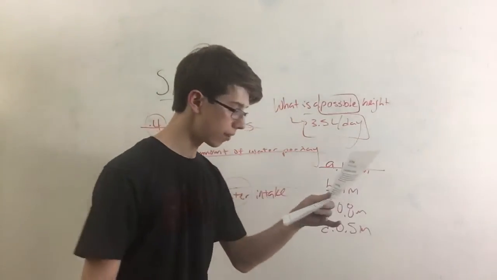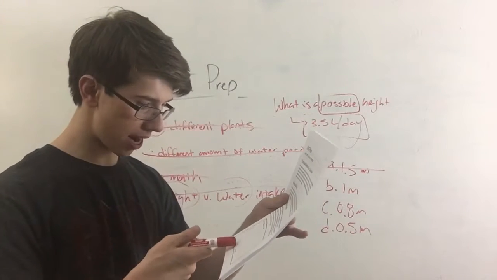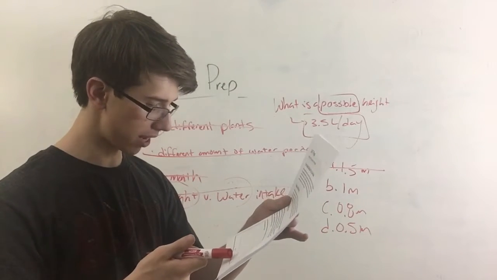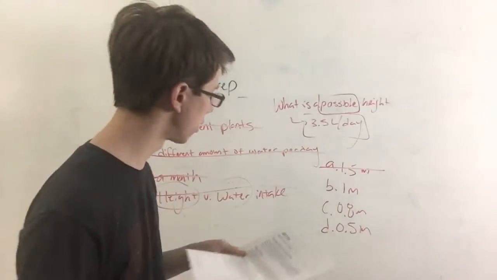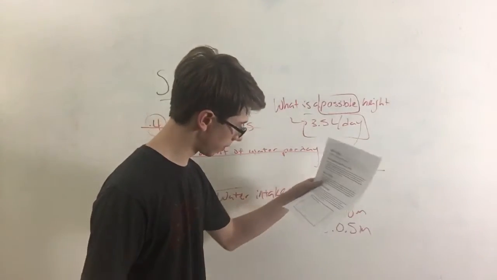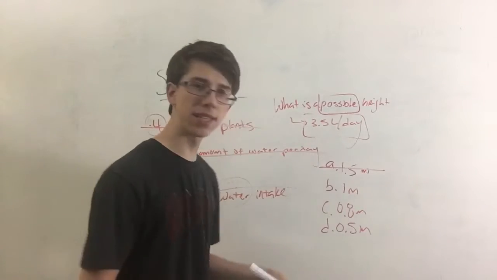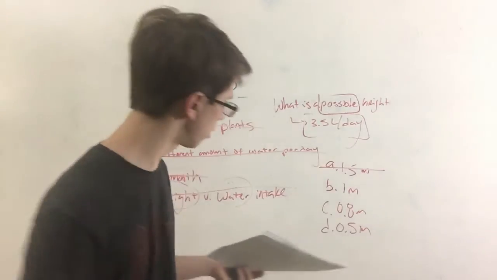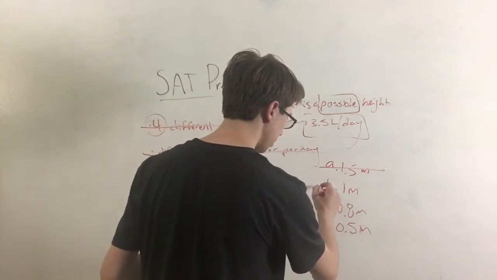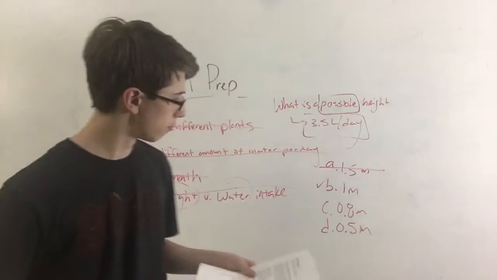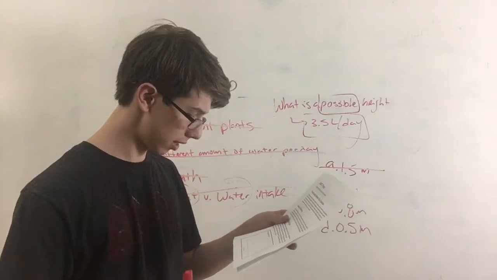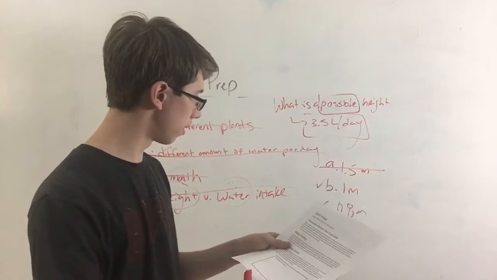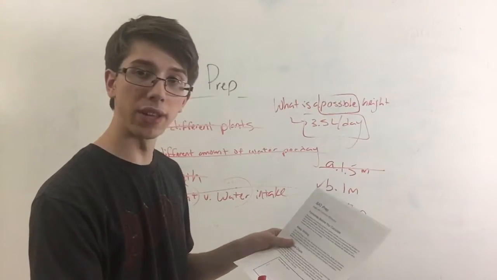1 meter, well, our data at 2 liters per day says that it's 1.1 meters high. So if it's 1 meter at 3.5, then I'd say that's a likely answer. So that's a likely answer, so we'll put a check mark next to it. 0.8 meters, I'd say that's also pretty likely, maybe not as likely because it's 0.7 at 5 liters per day.